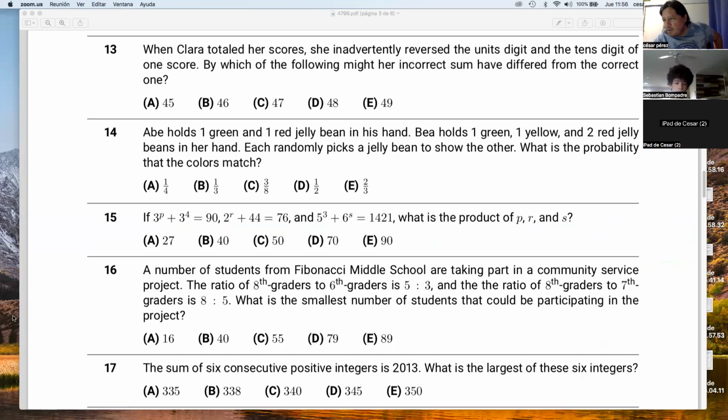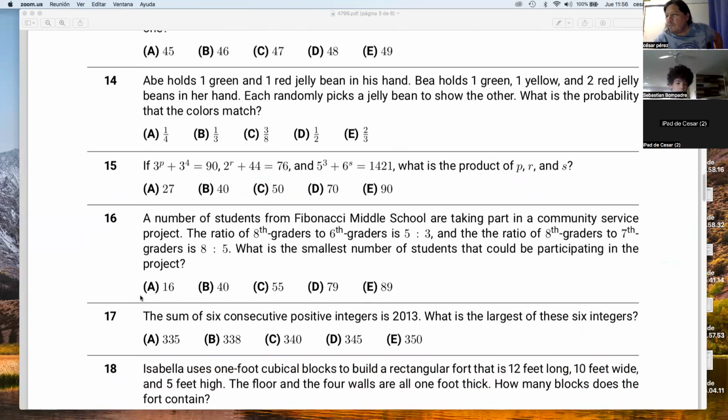Let's see. We're going to work problem number 14.